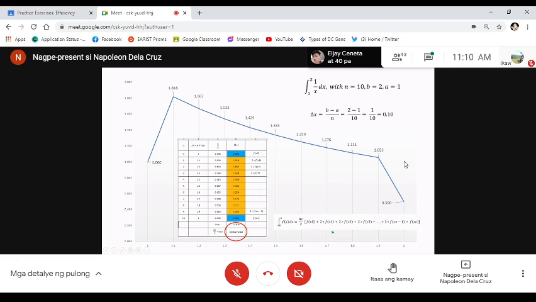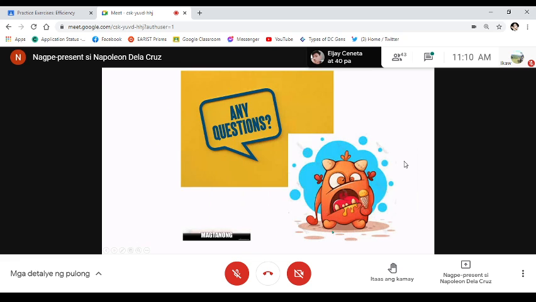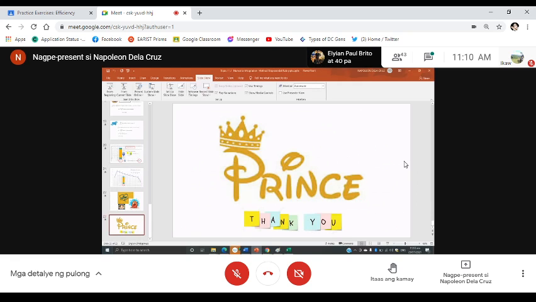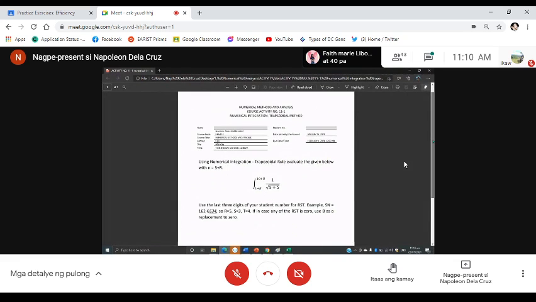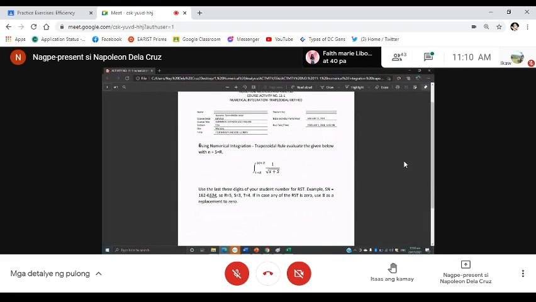That's it. Let's go now to your plate. This will be your plate activity. You have to use numerical integration, trapezoidal rule, evaluate the given value with n is equal to 5 plus r. If your r or any values of r, s, and t is equal to 0, you instead use 8 as a replacement to 0.